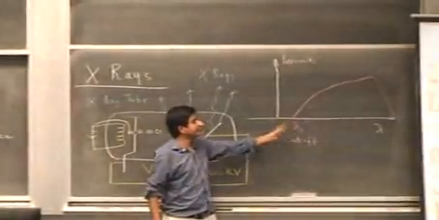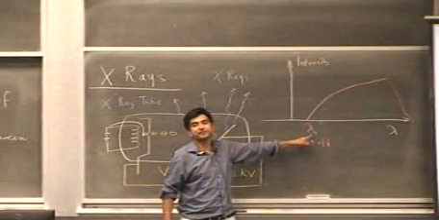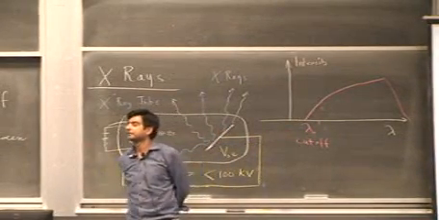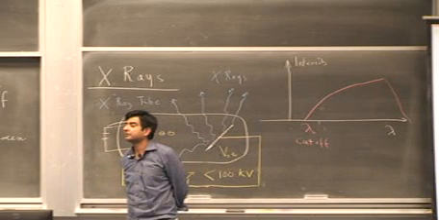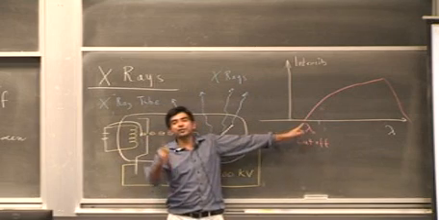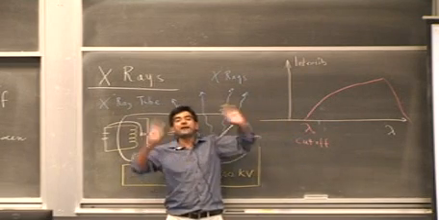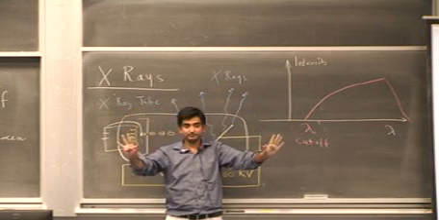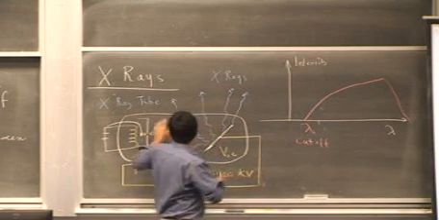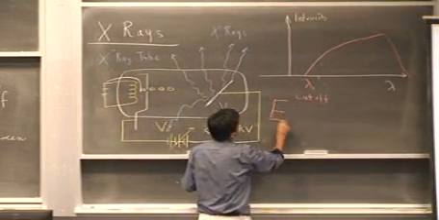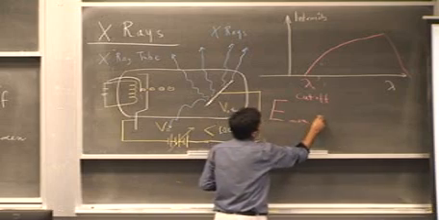Why aren't there any photons emitted with wavelengths less than lambda naught? Exactly. The maximum energy of the electrons is V naught E. That's the maximum energy of any of these electrons.